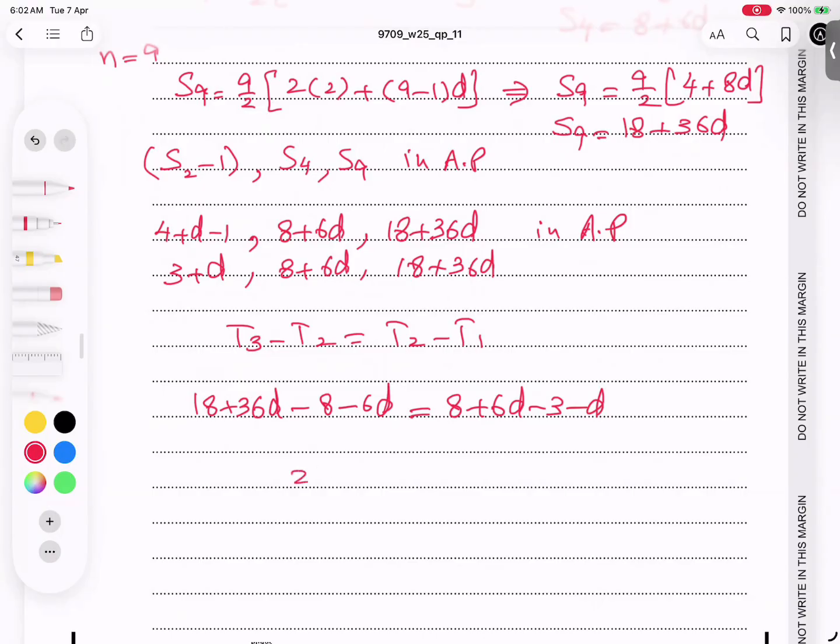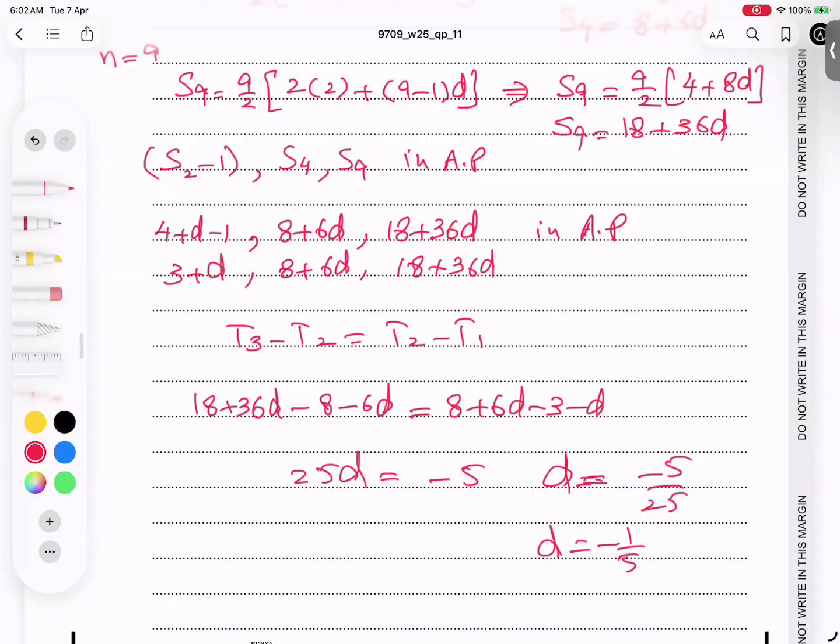I get 25D. Now I bring all numbers to the right side: 8 minus 3 plus 8, and minus 18, minus 18. I get negative 5. So D tends to be negative 5 over 25, which turns out to be negative 1 over 5.